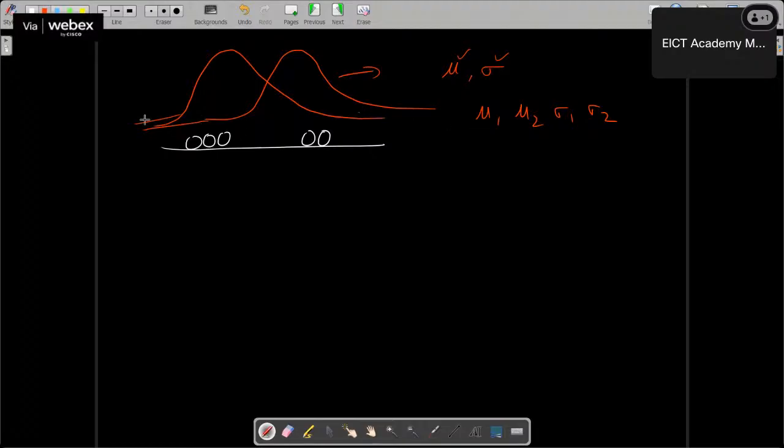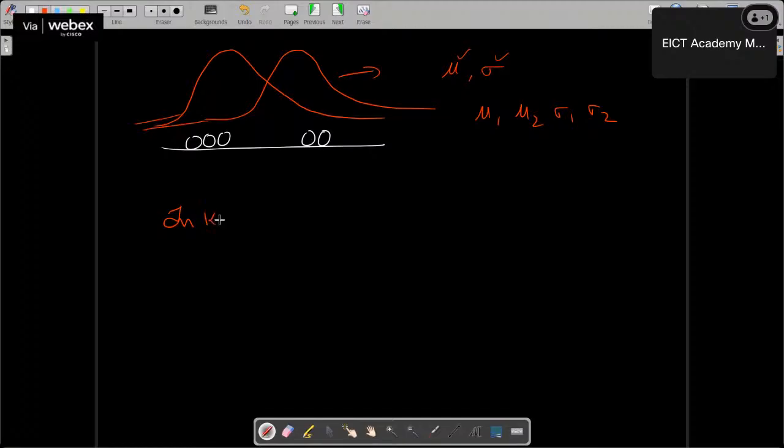So randomly we draw two Gaussian distributions. Here we are not calculating the centroid; here we are finding the distribution of the data.